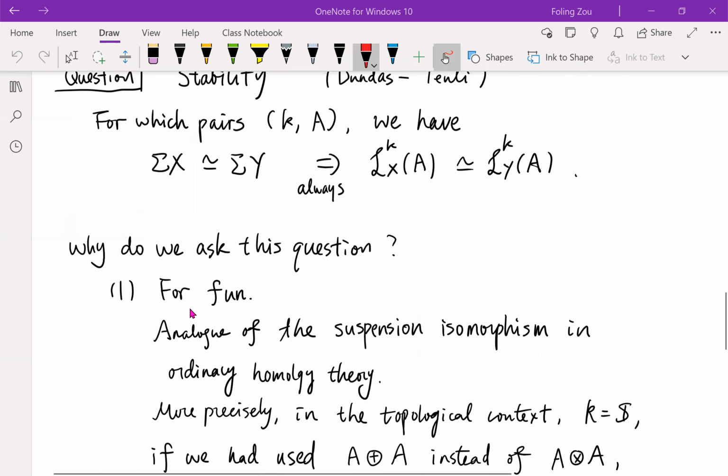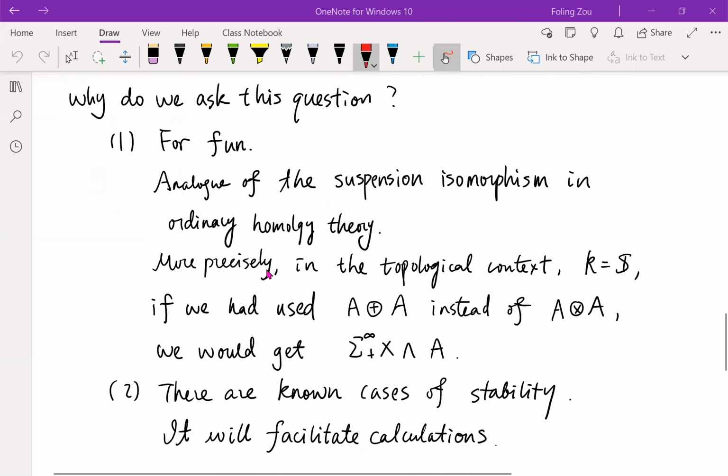So I think, first of all, this is for fun, because we think that the Lode construction is some sort of homology theory, and we wonder whether the suspension isomorphism in ordinary homology theory holds here, or whether something similar to that holds. More precisely, we can make this analogy precise if we use the sum of the spectrum instead of the smash product or the tensor of the spectrum.